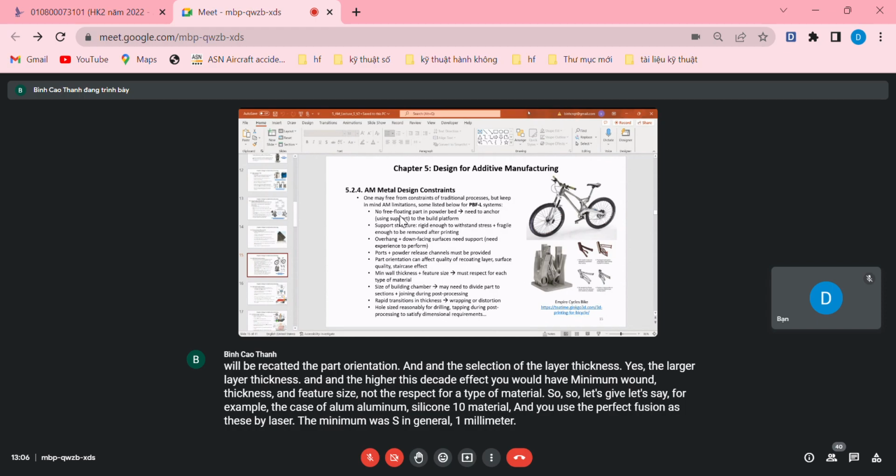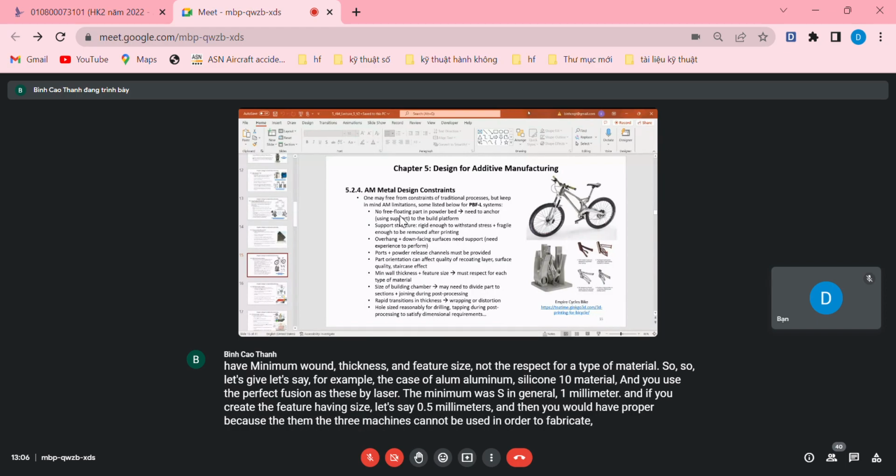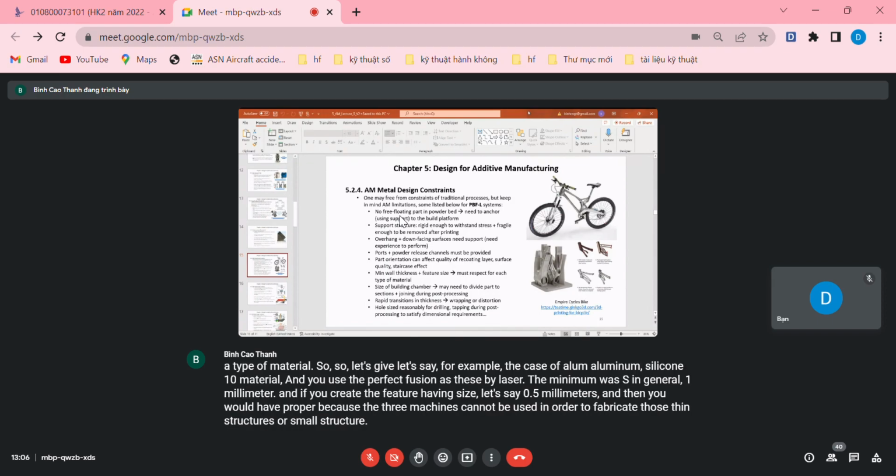If you create a feature with a size of, let's say, 0.5 millimeters, you would have problems, because the 3D printing machines cannot be used to fabricate those thin or small structures which have a size smaller than the minimum wall thickness.